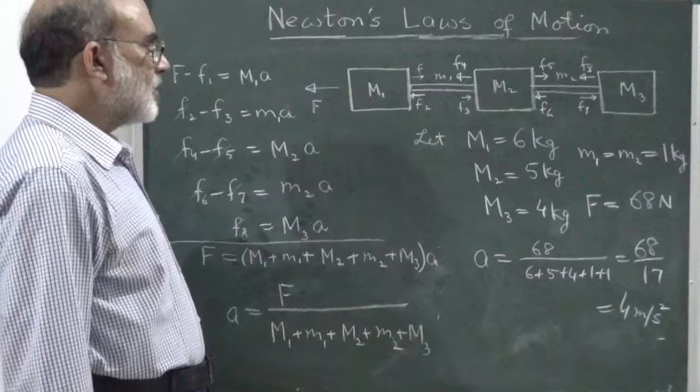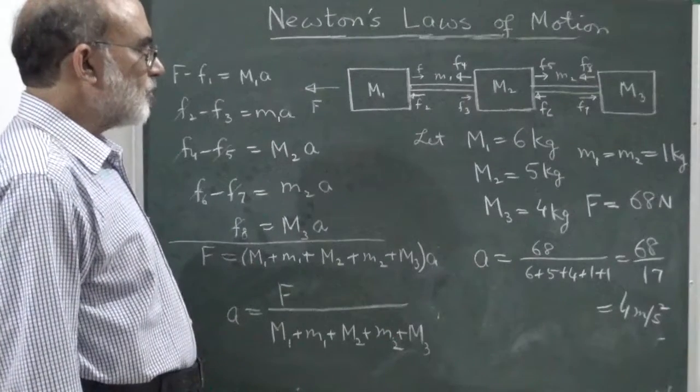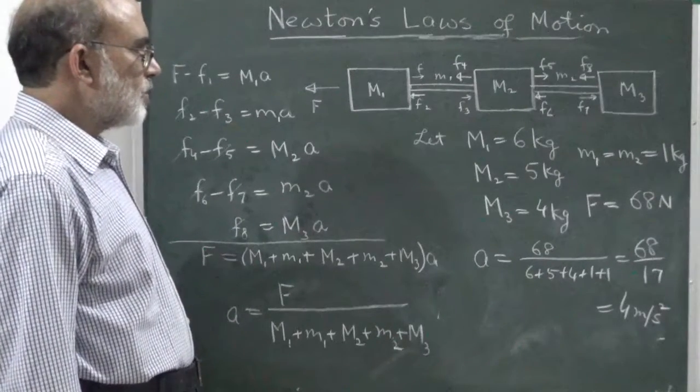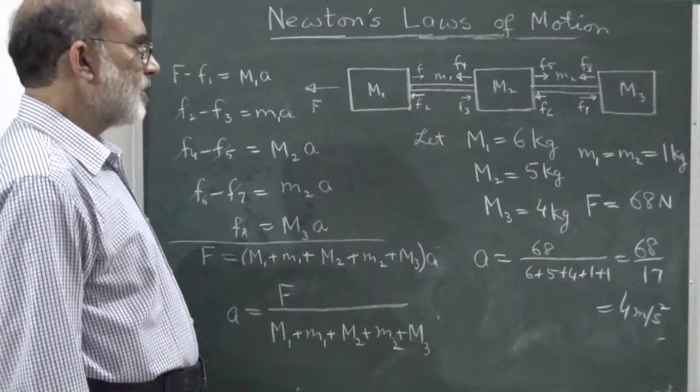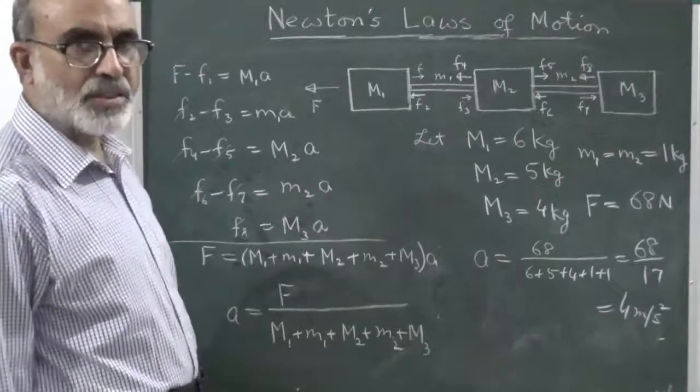Now if we take the mass of the rope to be 0, suppose the ropes are massless.